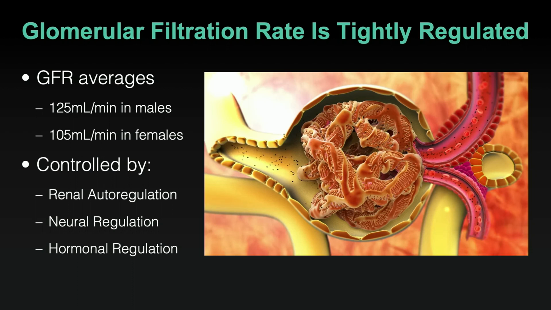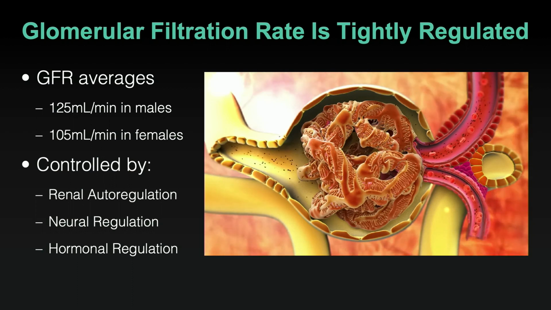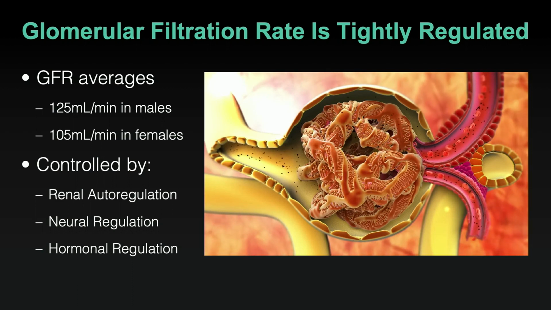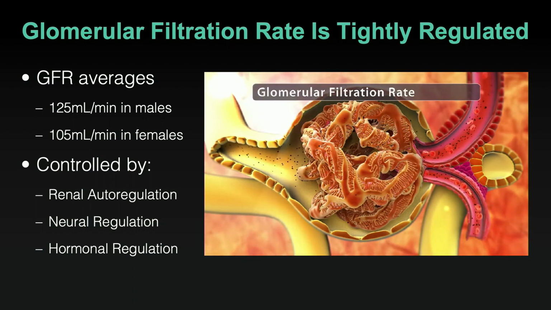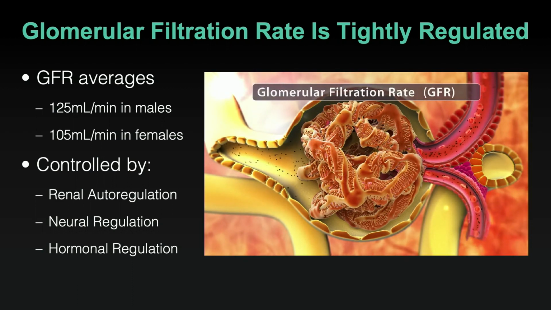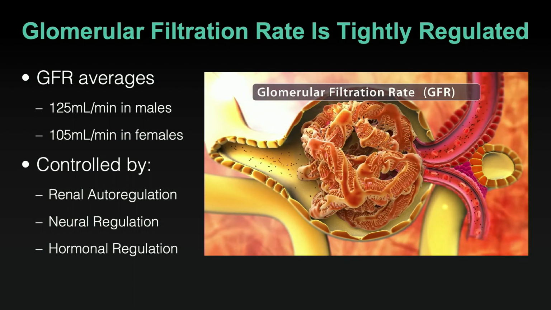Now we've seen this already, but I want to remind you of it. The glomerular filtration rate, or GFR, is the speed at which filtrate passes through the glomerular capillaries into the glomerular capsule.